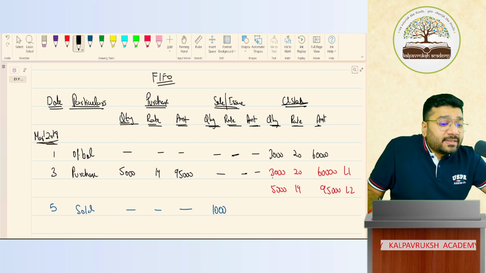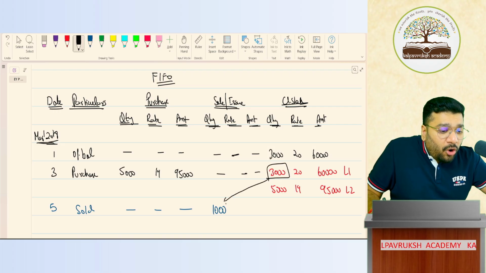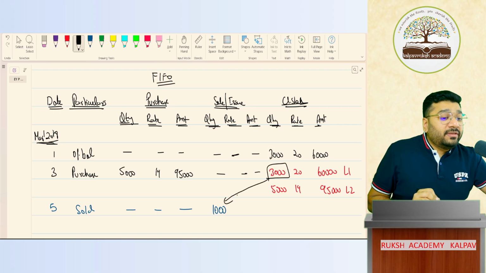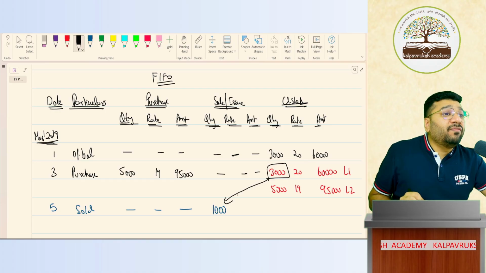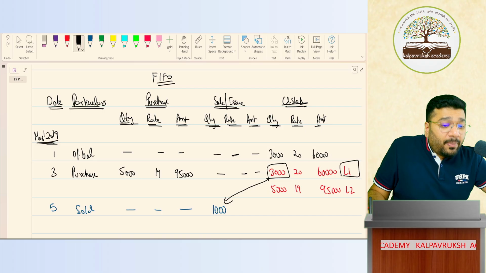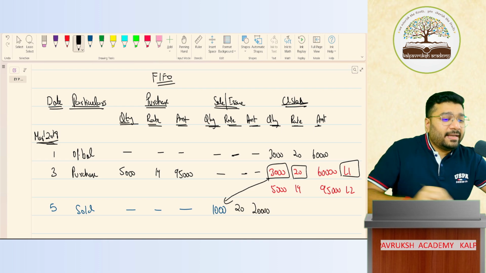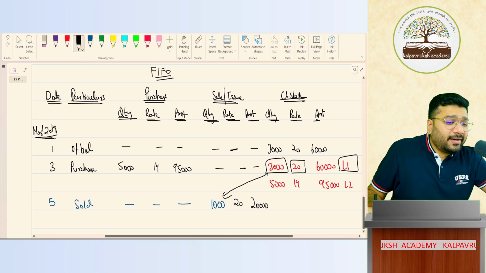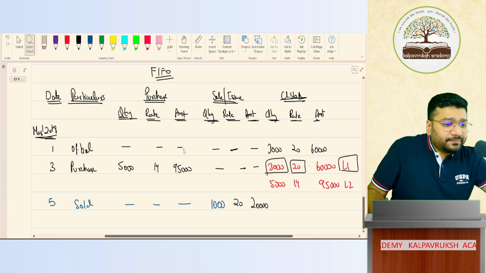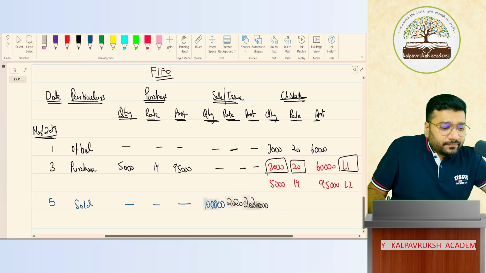So the goods that came in first will go out first. So this 1,000 kgs of rice I've taken from which lot? Lot 1. But lot 1 at a rate of 20. That is what you will apply, which is how much? 20,000. Got it? Not got it? Tell now. Online people, are you able to follow? Yes, sir.